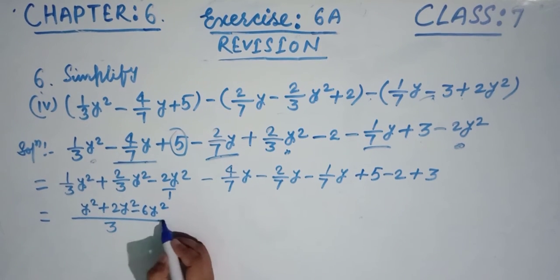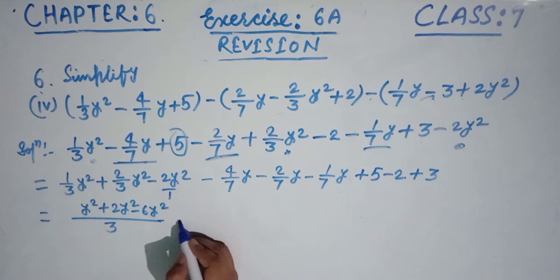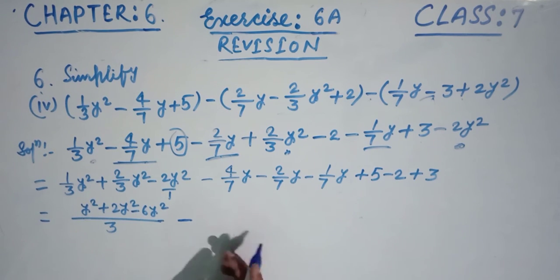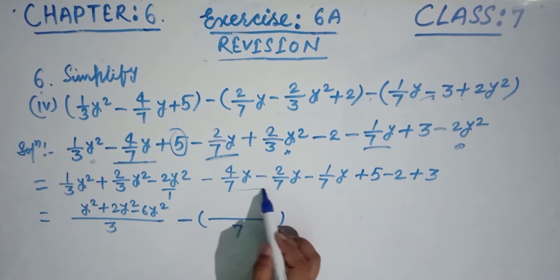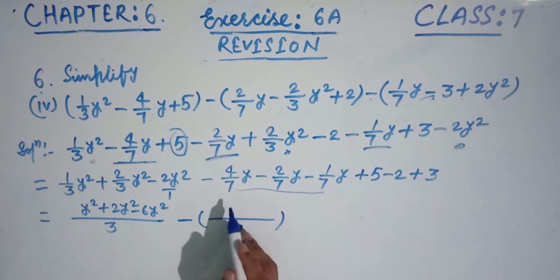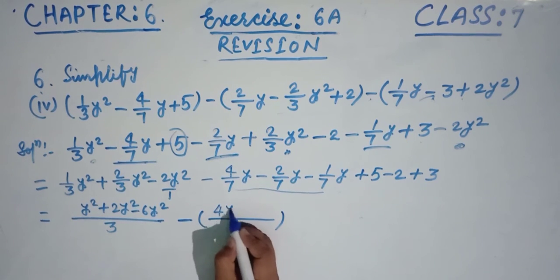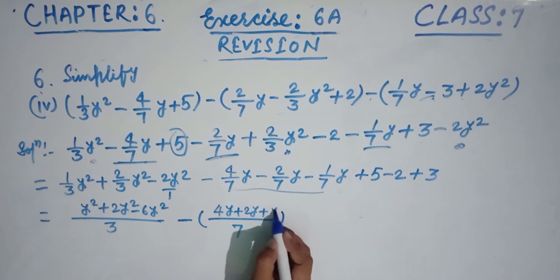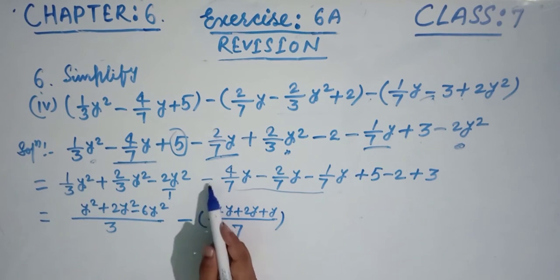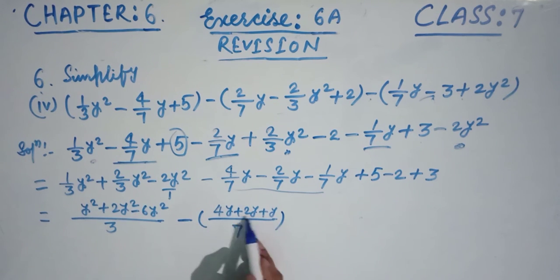Now see next, here is the minus term. Take the common minus, then all terms will be inside the bracket. Now friends, 7 is the LCM. Remember friends, all denominators are the same, so write the single denominator and write the numerator as it is: 4y plus 2y, and plus 1 into y, because we have taken minus outside, so all the terms inside the bracket are positive.